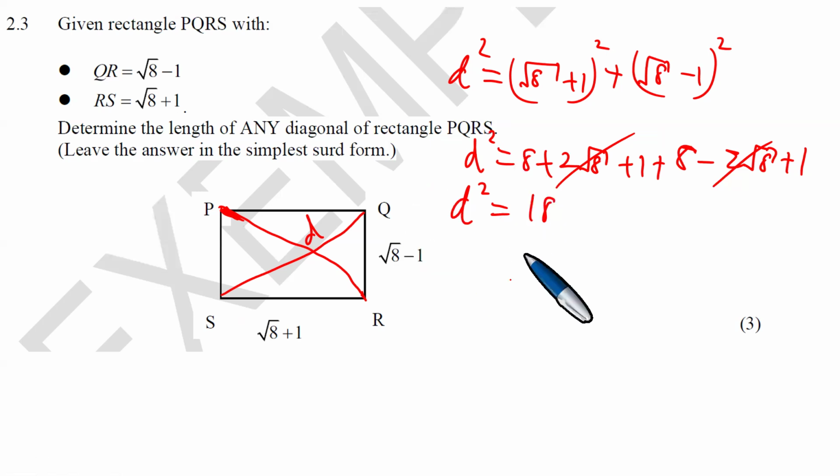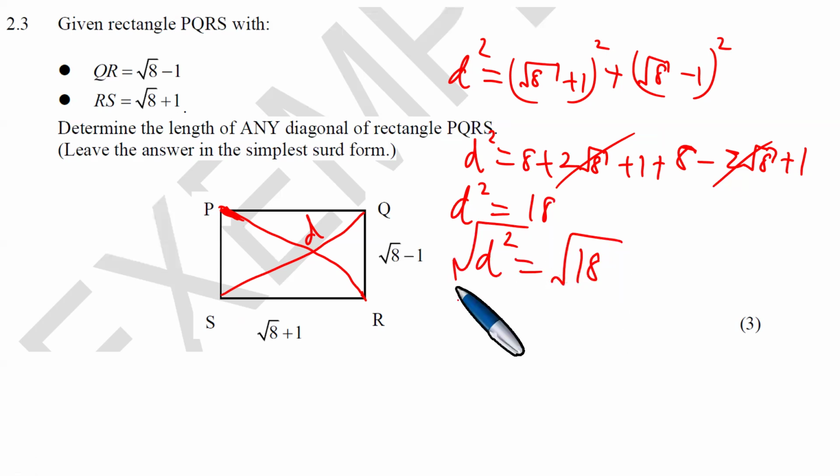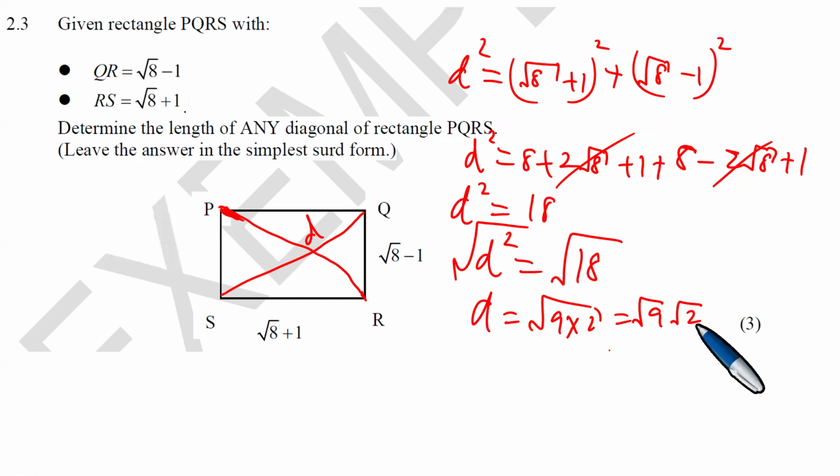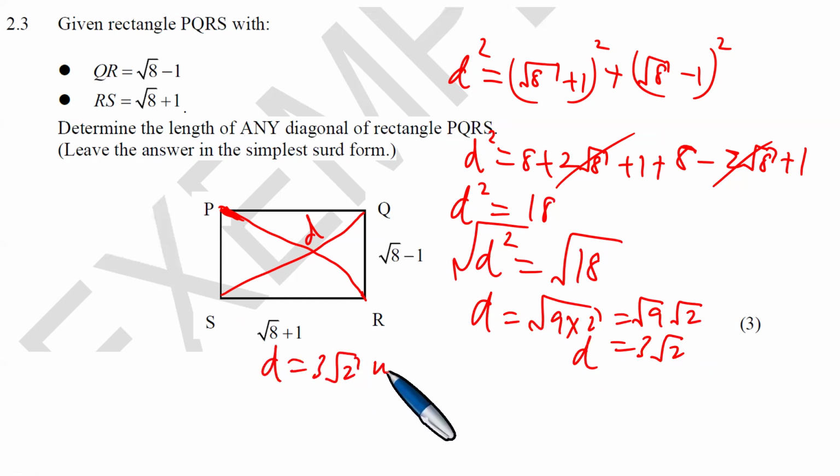So we have d squared equals 18. You find the square root, which means d equals the square root of 9 times the square root of 2, which is 3 the square root of 2. Leave your answer in simplest surd form, which is 3 the square root of 2 units.